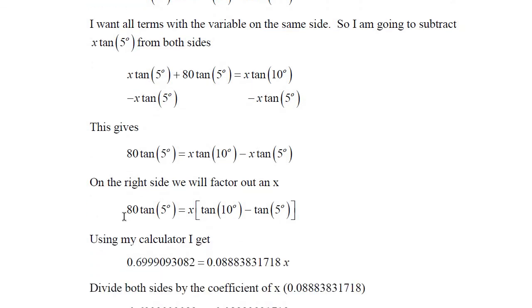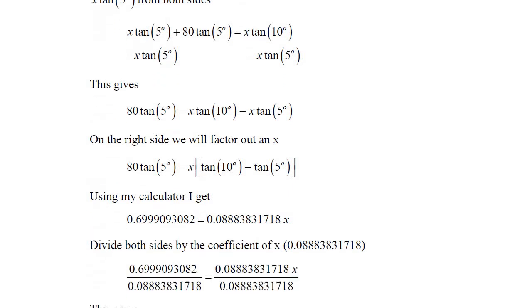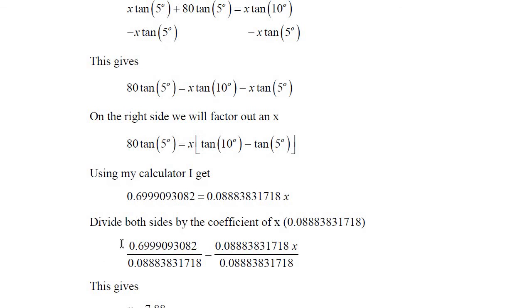Now at this point I decided to grab my calculator, and 80 times the tangent of 5 degrees gives me this very long decimal. Tangent of 10 degrees minus the tangent of 5 degrees gives me this very long decimal. So to find out what x is, I get to this equation right here, and to solve that equation, we're going to divide both sides by this 0.888381718.